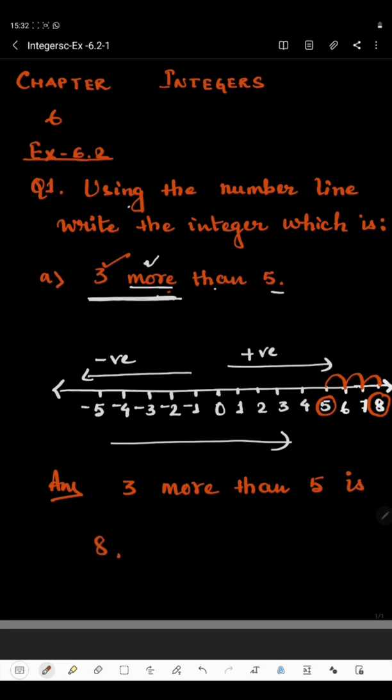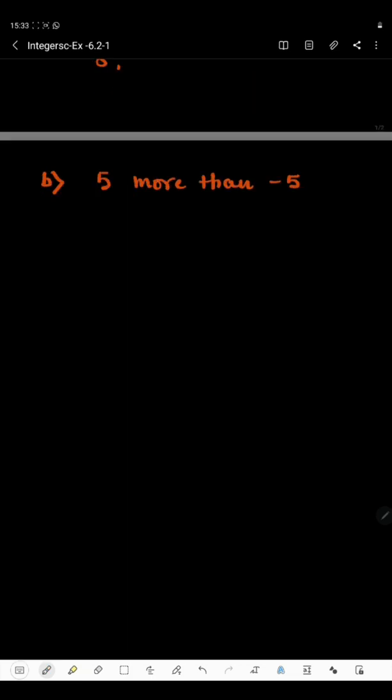Now moving to the next part. In the B part we have 5 more than minus 5. More means we will have to move to the right, right of minus 5, because 5 more than minus 5 is given. So let us draw the number line. Suppose 0 is here.